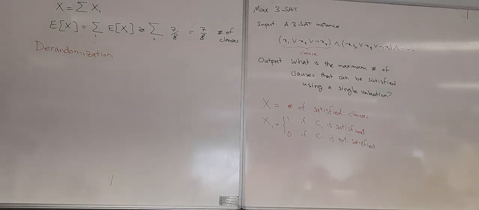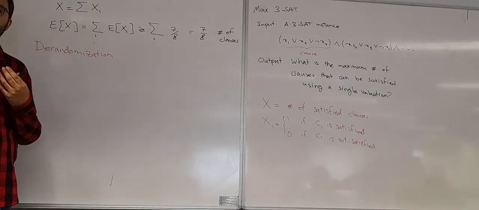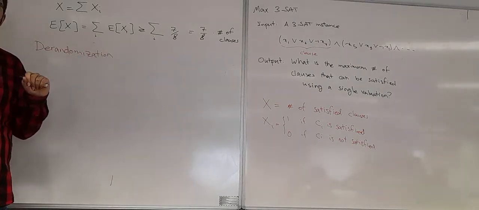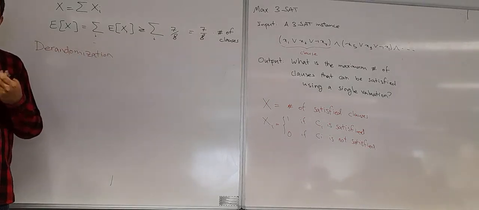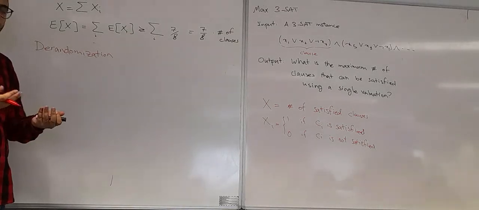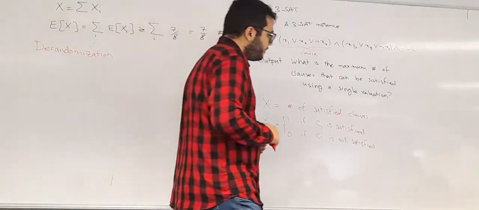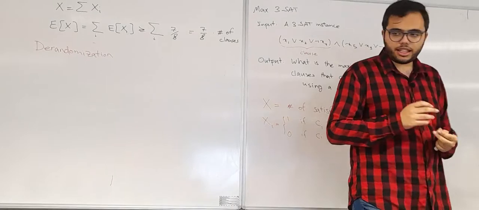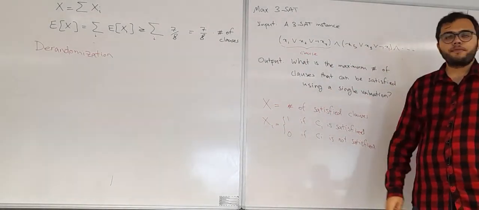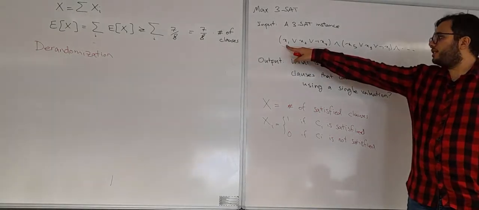Well, just think about the randomized valuation that we were supposed to give, which was that we set every x to 0 or 1 with the same probability. Don't use it in the algorithm as randomization, but use it to analyze what happens. So here's the thing. I take x1, and I can say x1 is either going to be true or false. If x1 is true, what is the probability that I set x1 to true?